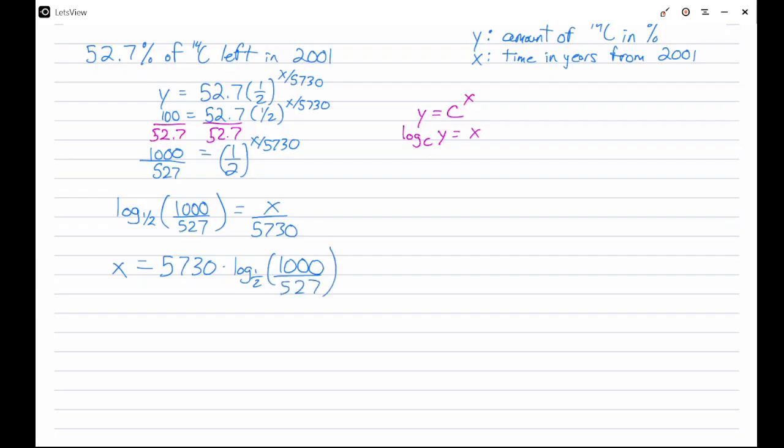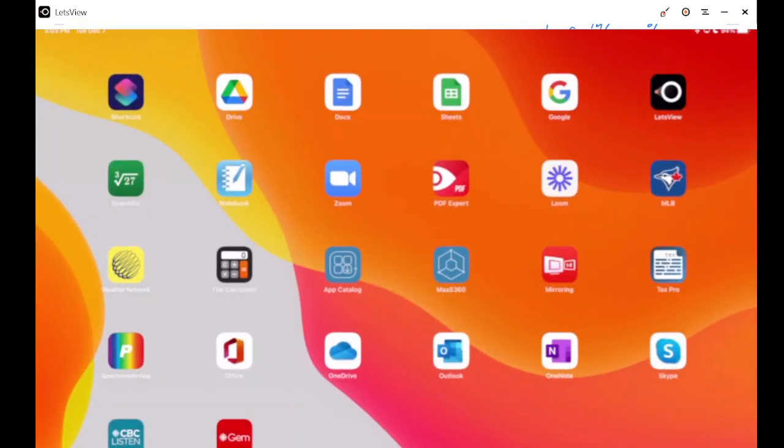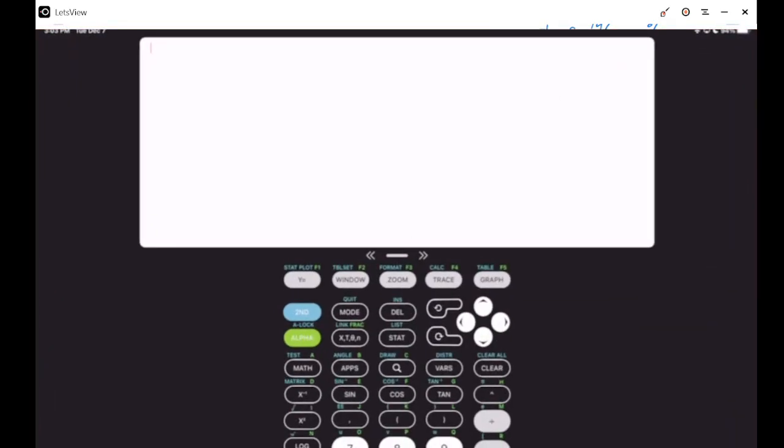So I'm going to have to go to my calculator now and use my log base button. So if I just do a quick switch here, we'll bring up the calculator. Under math, now your menu will look a little bit different, but we find our log base. We want to do a log base of 1/2 of 1,000 divided by 527.